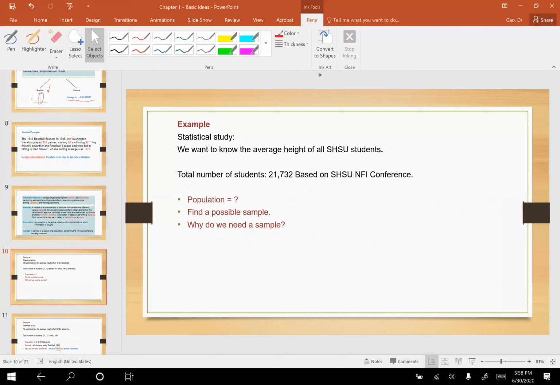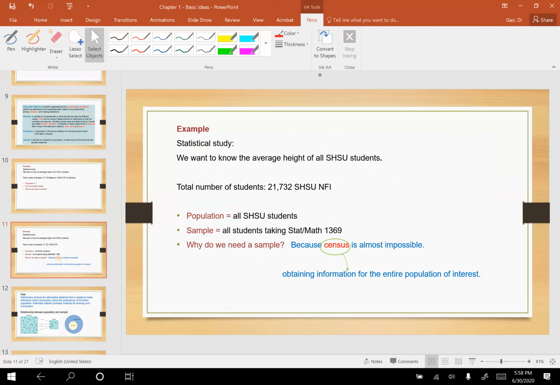From this study, what would be the population? Can you find a possible sample? Or another question: why do we even need a sample?